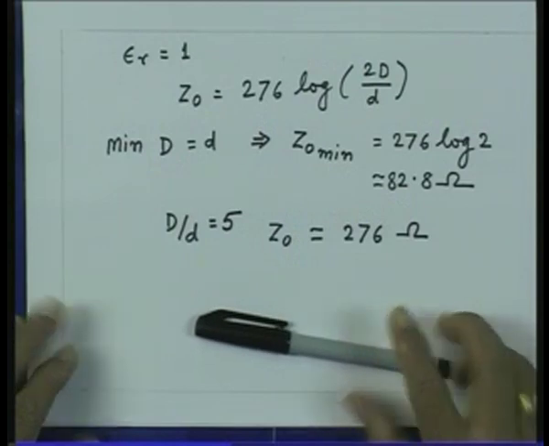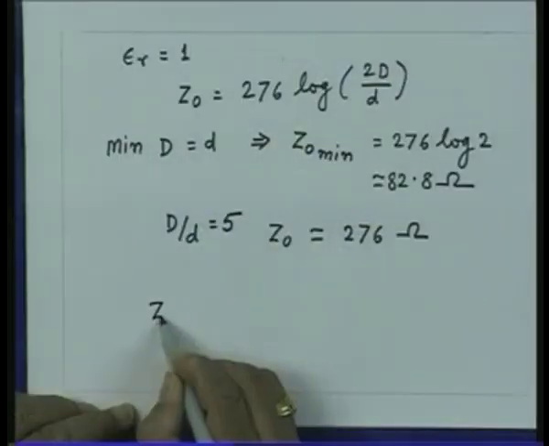So, the two structures, the coaxial cable structure and the parallel wire structure, are complementary in terms of characteristic impedance. The coaxial cable structure can give you low impedances rather easily, it is difficult to get high impedances, whereas if you go to the parallel wire line, then it is rather easier to realize the high characteristic impedance than the low characteristic impedance.